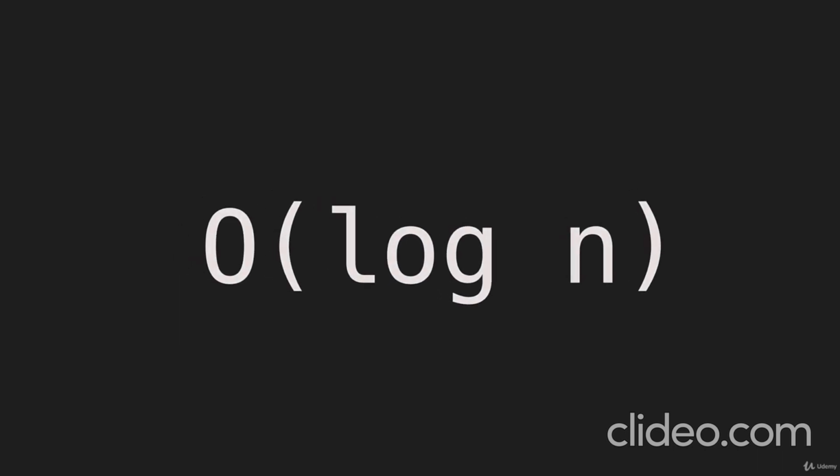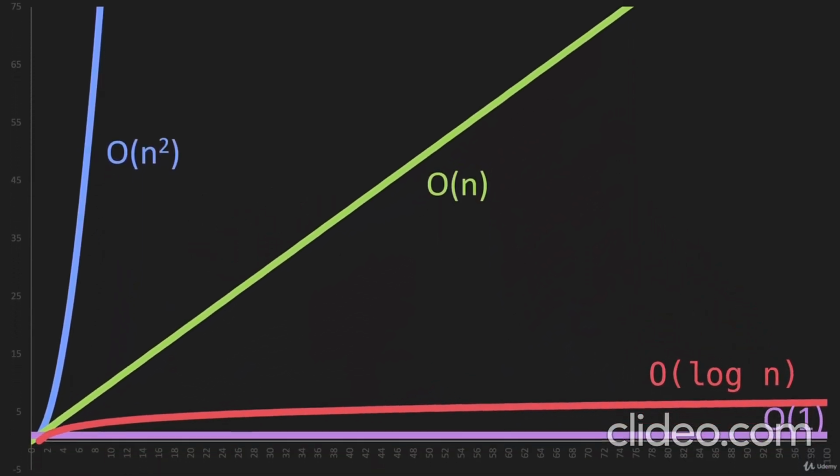So now let's look at this on a graph. And see that this is very flat. Not as flat as O of 1, of course, but very flat, very efficient compared to O of n and O of n squared. At this point, I want to show one other thing on the graph. I'm not going to talk about this in a lot of detail, but I just want to show this.